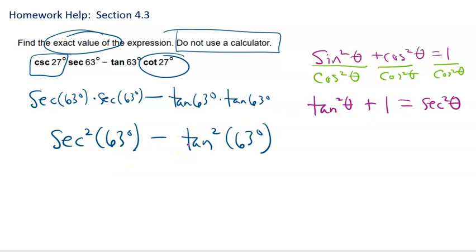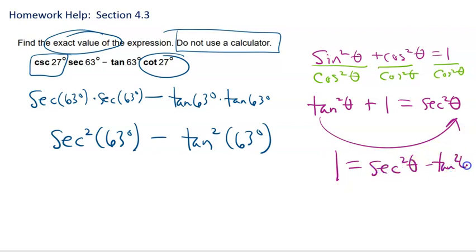How do we get a secant squared minus tangent squared? Subtract tangent squared to the other side. So I have 1 is equal to secant squared of theta minus tangent squared of theta, and boom, there I go. So secant squared of 63 degrees minus tangent squared of 63 degrees must equal 1. Isn't that awesome? I know you don't agree, but it is.